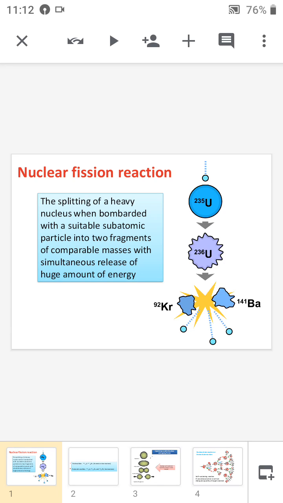After that, it will split into two smaller nuclei, barium 141 and krypton 92, and one or two neutrons are also eliminated from this reaction, and a tremendous amount of energy is released during the nuclear fission reaction.